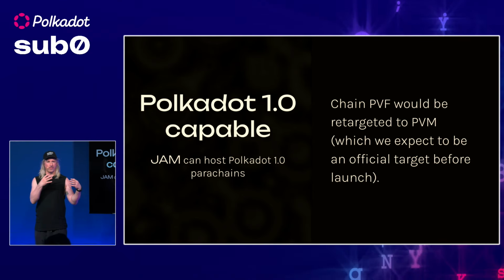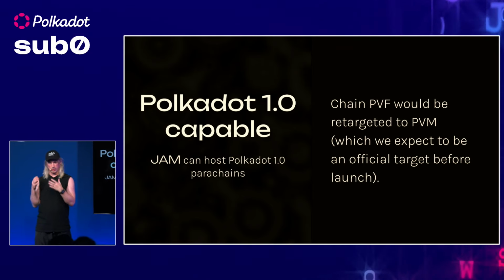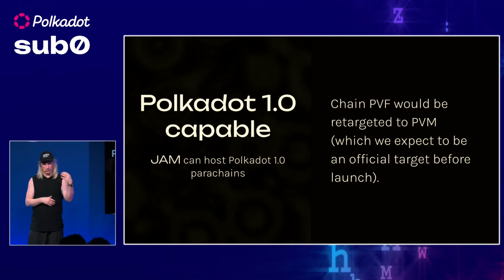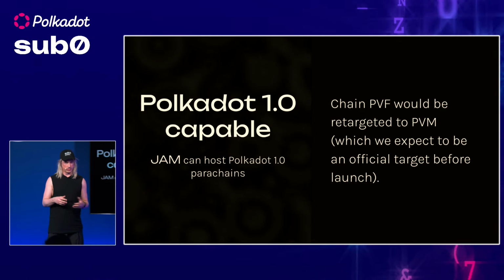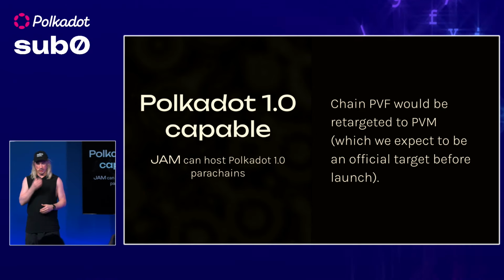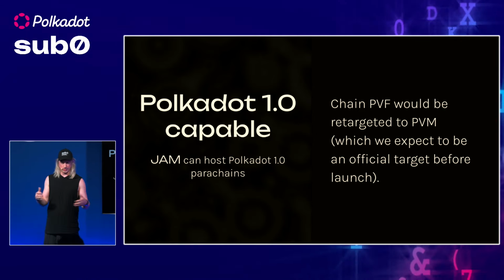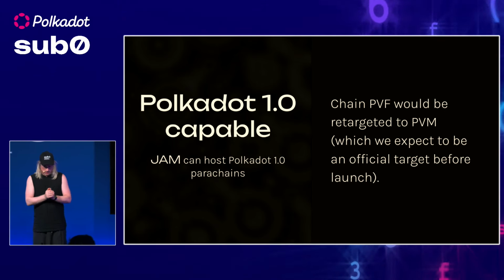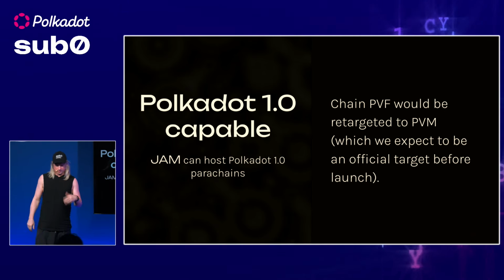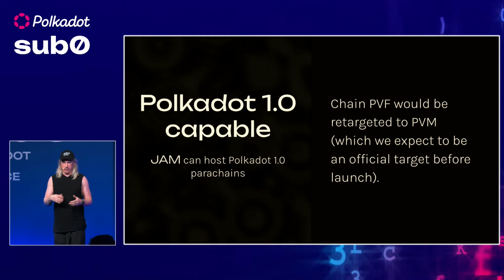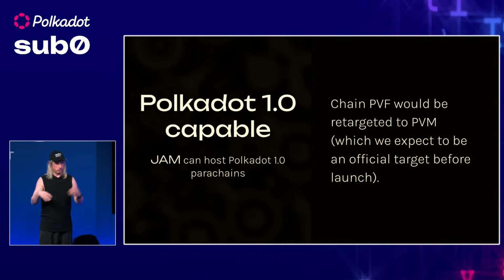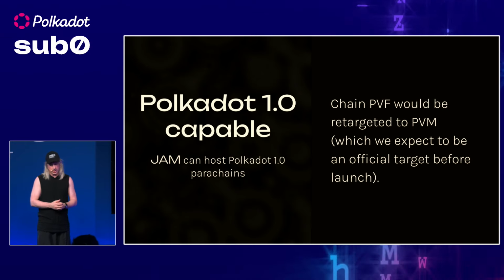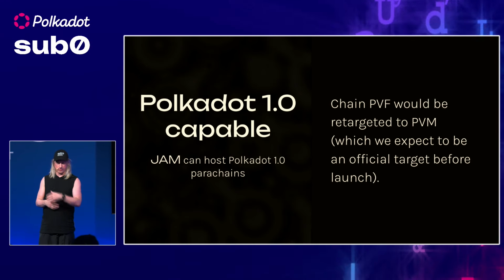It's capable of offering the same service as Polkadot 1, right? As what is happening at the relay chain at the moment. Jam can host Polkadot 1 style parachains. It's designed with this in mind. The main elements that would change on the substrate side: Substrate and the Polkadot SDK would still be used, but the PVF itself would be retargeted.